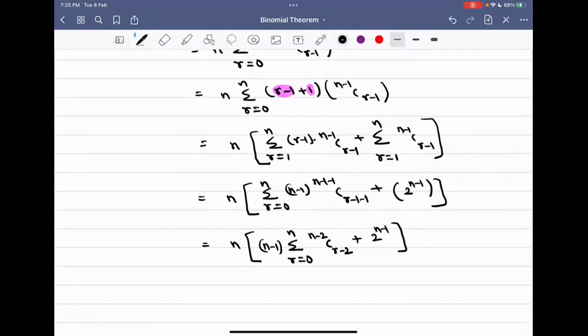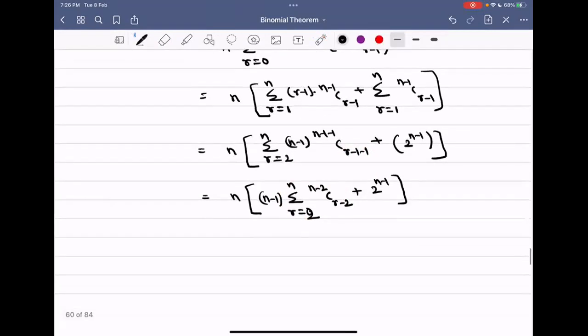Here r is equal to 1. For r equals 1 it is defined in the previous step, but in the next step for r equals 1 it is also not defined because r minus 2 is there. Therefore here r starts from 2, r equals 2 to n, n minus 2 C r minus 2. Now if you substitute r equals 2, you get n minus 2 C0, n minus 2 C1, n minus 2 C2, etc. That is 2 power n minus 2.